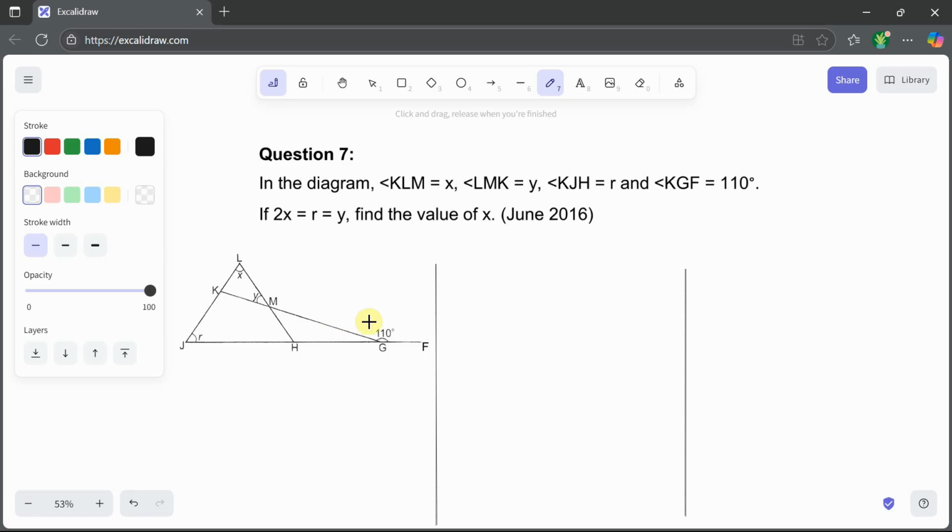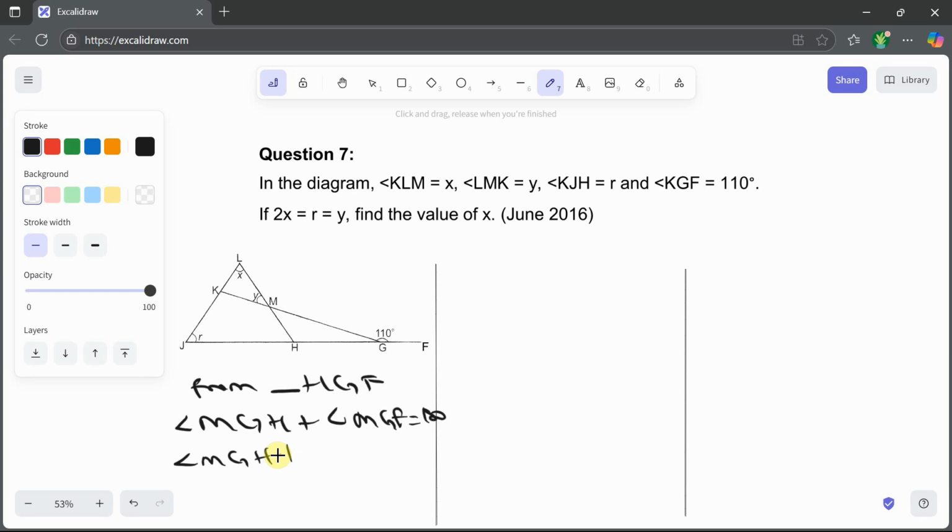So when I see this, the first thing I want to find is this 110 degrees. I know 110 degrees plus whatever this is should give me 180. So from line HGF, angle MGH plus angle MGF should equal 180. So angle MGH plus 110 is equal to 180.